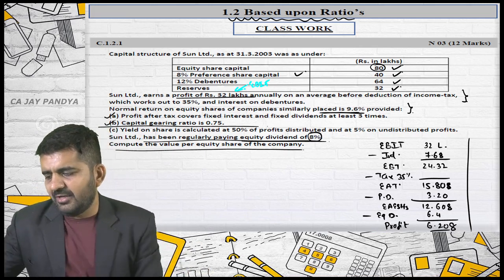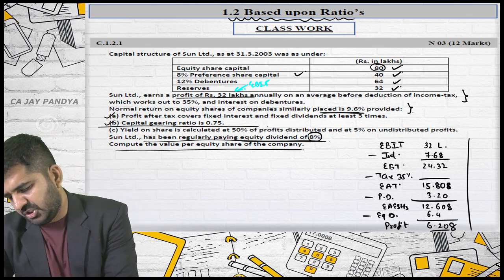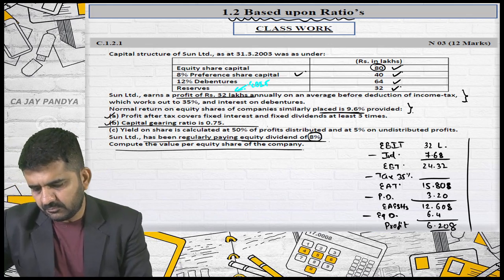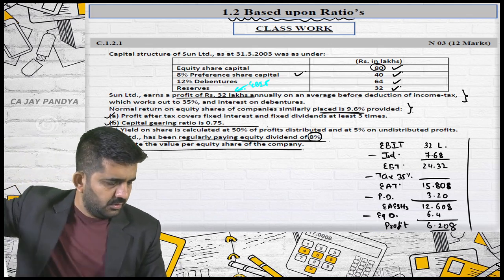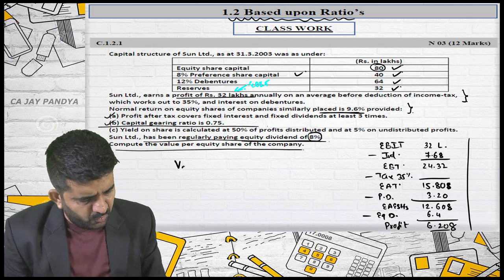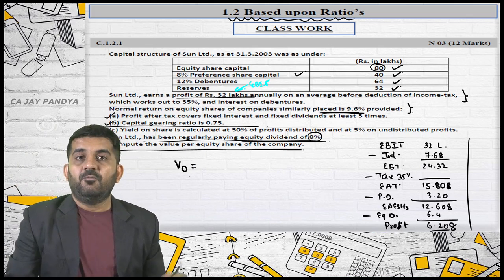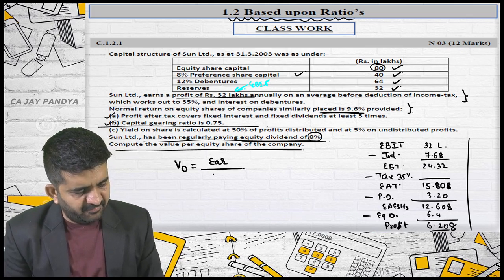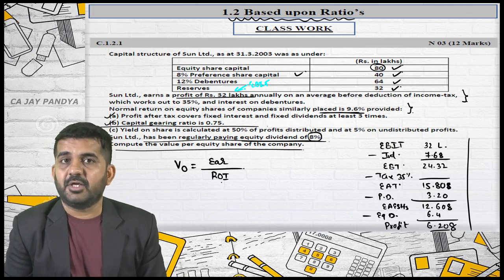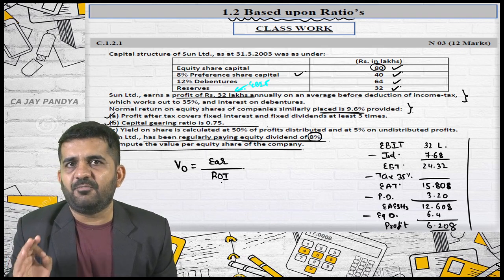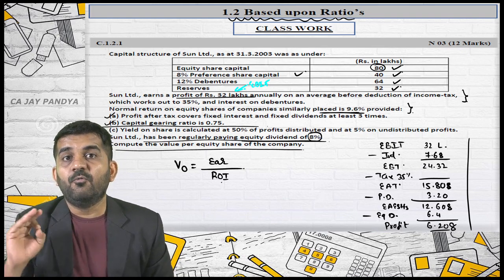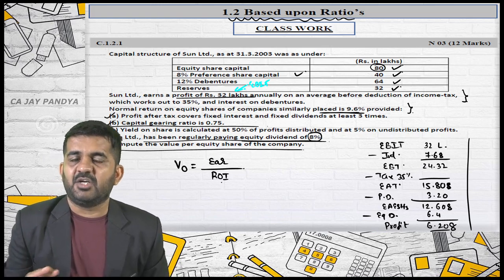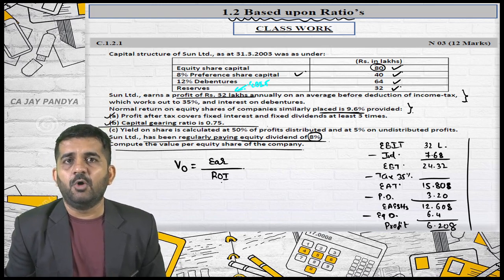Which formula I will be using for solving this particular question is value of share is equal to my earnings divided by rate of interest. Is it alright? So it is a present value of infinite cash flow without growth.